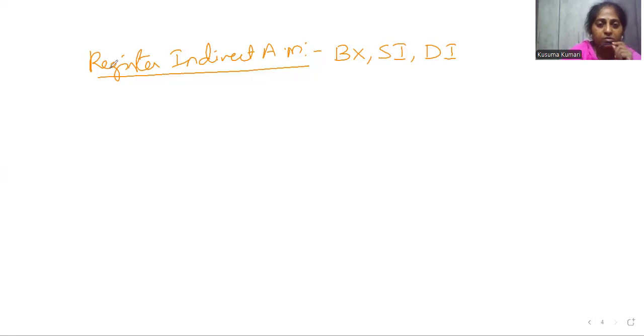What is the purpose of this? What is the example for this instruction? Same, move AL comma, for example, square brackets BX. What is the meaning of this? First, the square brackets represent a memory location, and within that, the effective address.